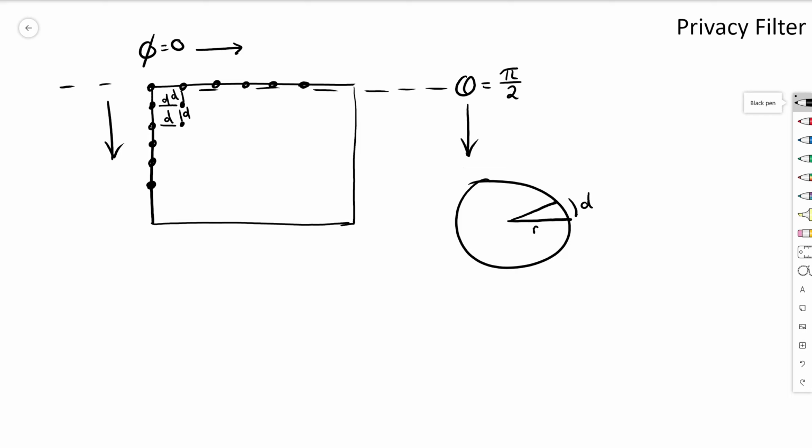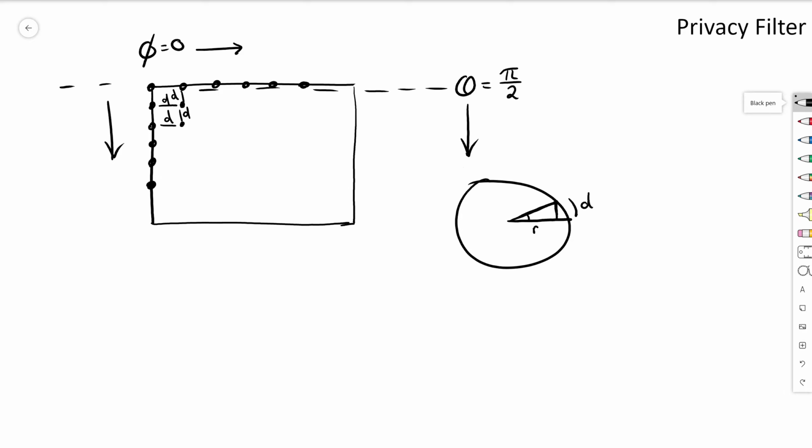This will allow us to get a phi value and a theta value for every individual point on the grid. And this is important because in the equations that we saw earlier, we needed to calculate sine of theta and the derivative of various values with respect to theta and phi.